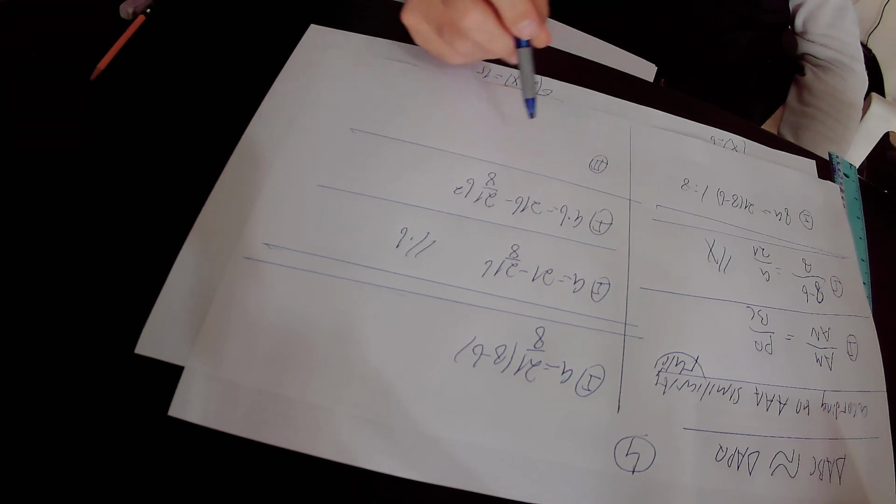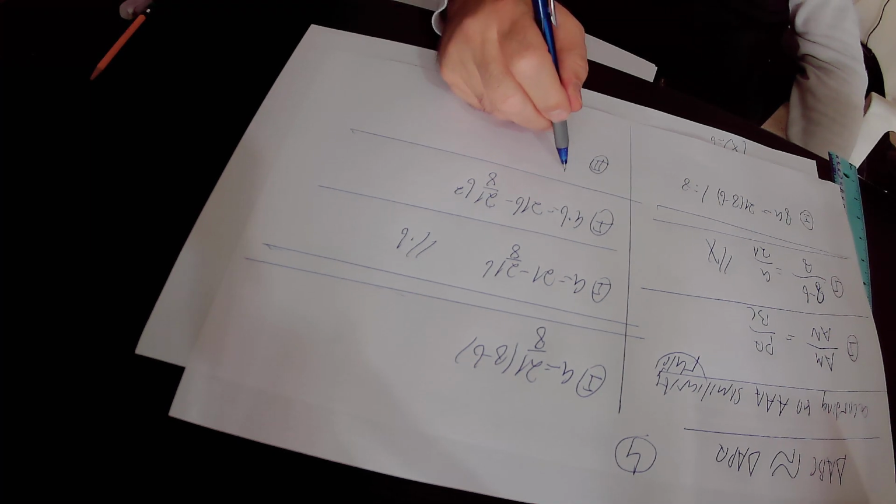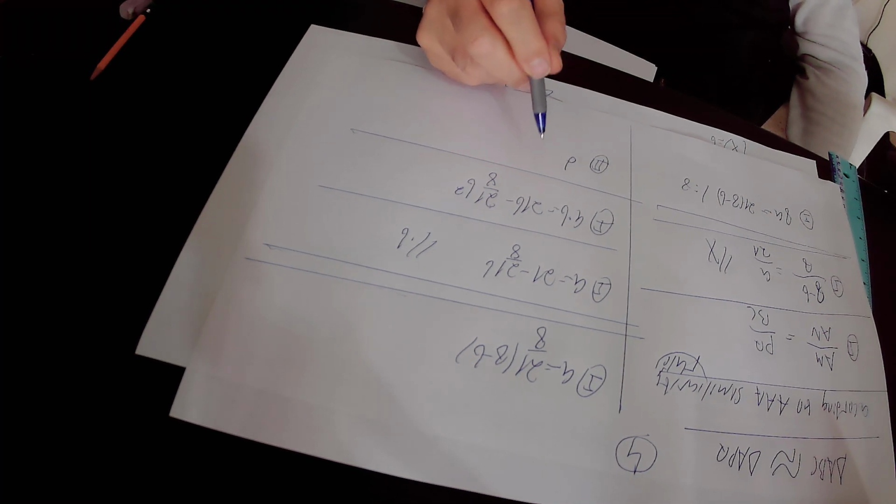This is why we take the derivative of this function area. D is the derivative operator.